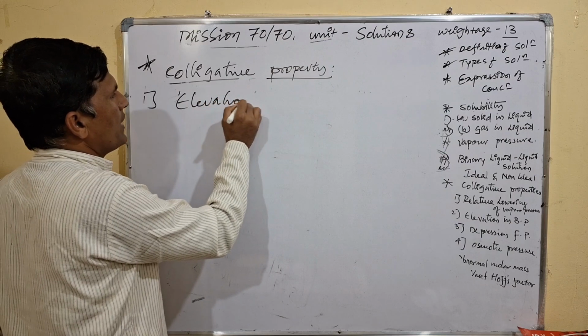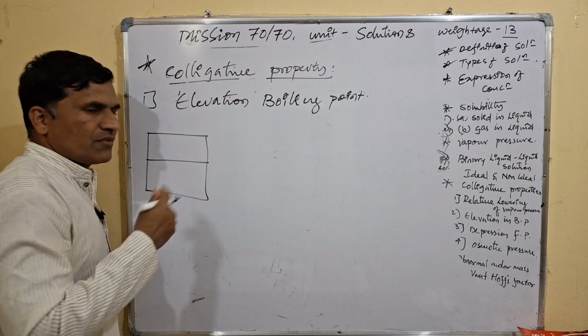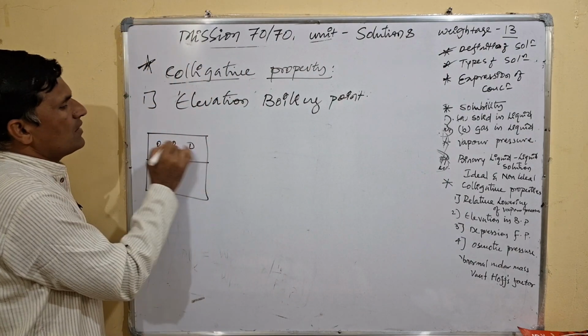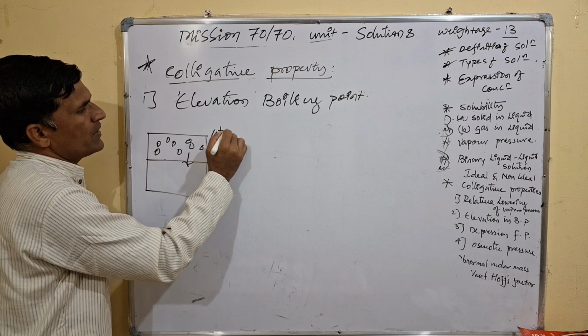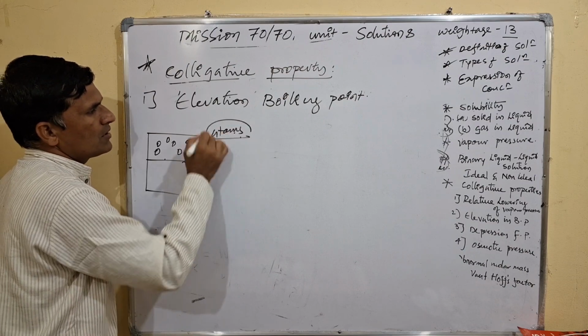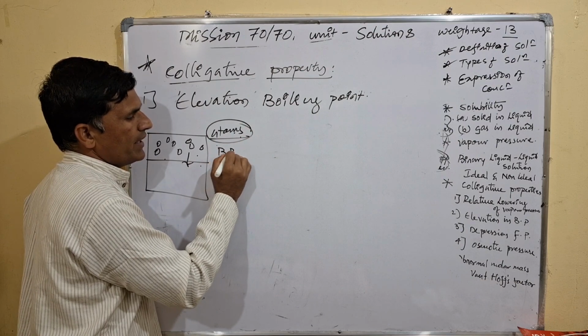Elevation in boiling point. First we should know what boiling point means. When the vapor pressure over the surface of the liquid becomes equal to atmospheric pressure, the temperature at which this happens is called the boiling point.